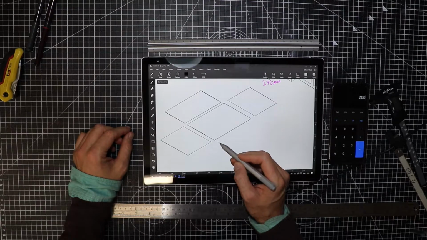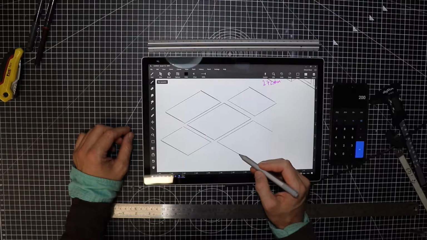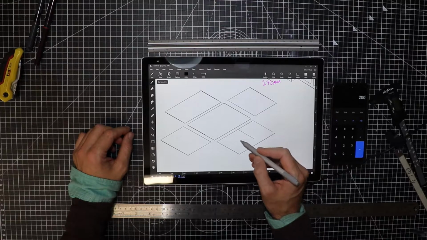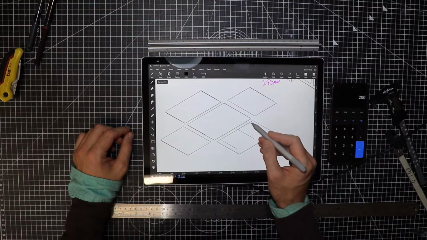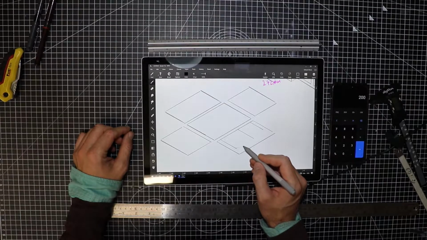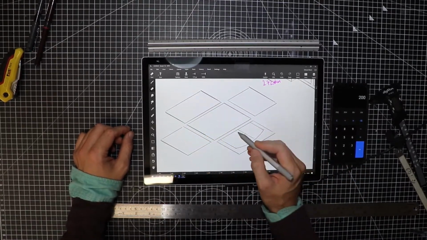And then we've got the front archway, and that has this cutaway. Nice.